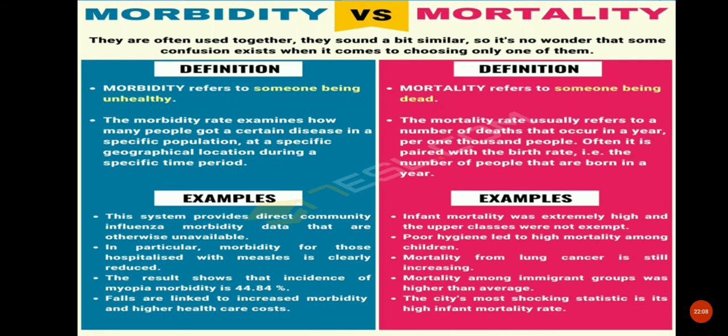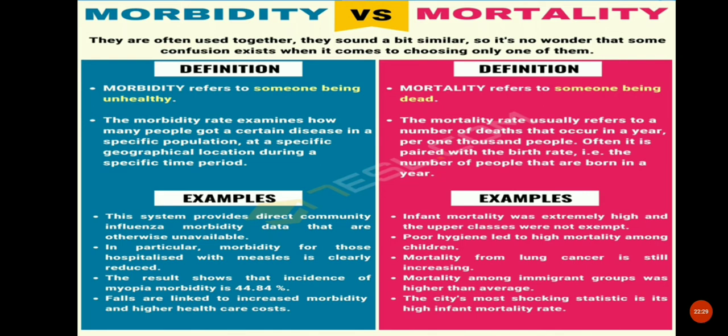While for the mortality example, infant mortality was extremely high and the upper classes were not exempt, but poor hygiene led to high mortality among the children.